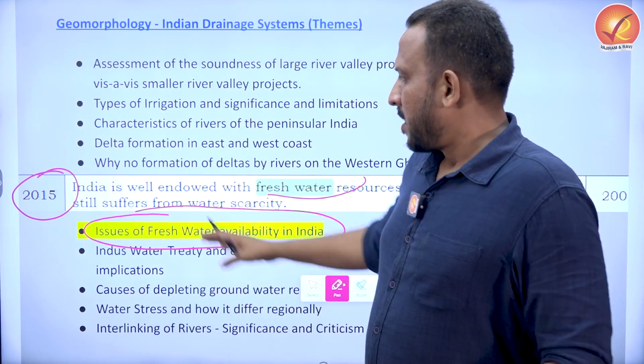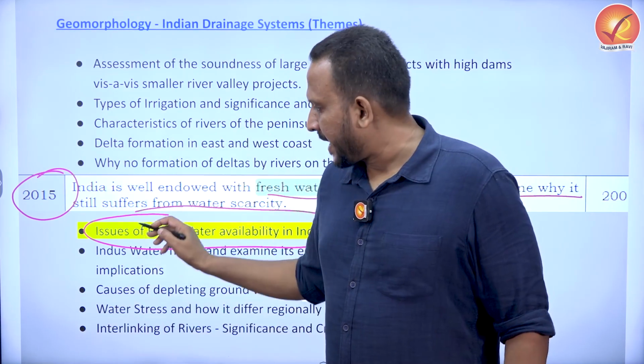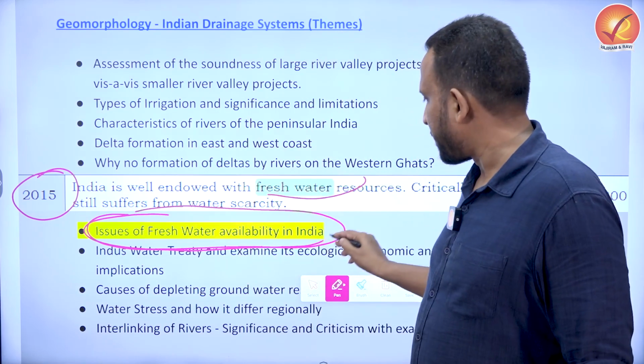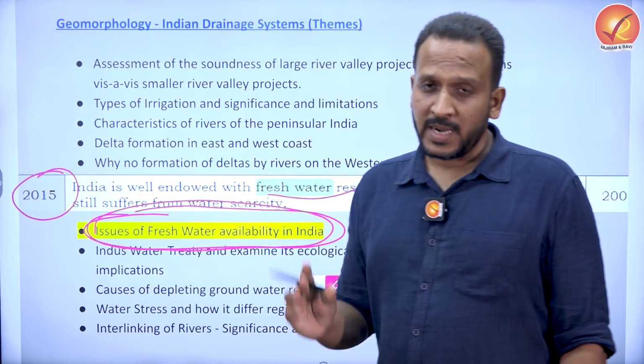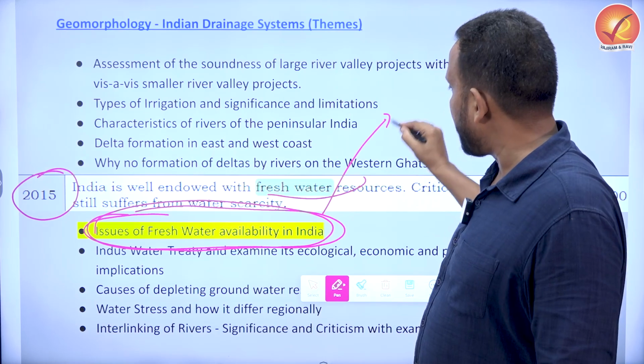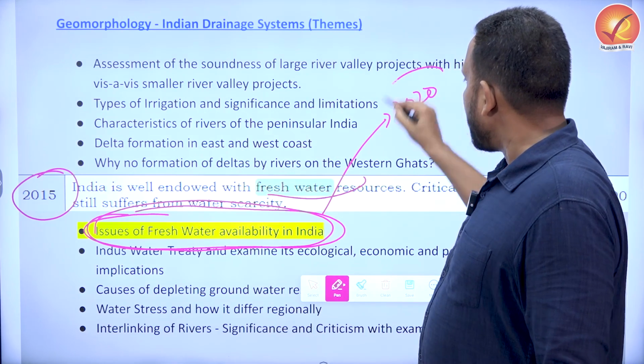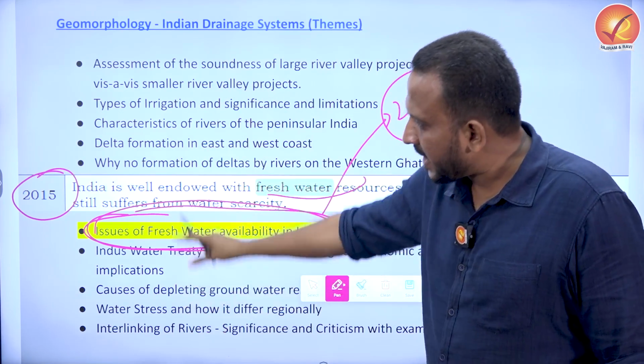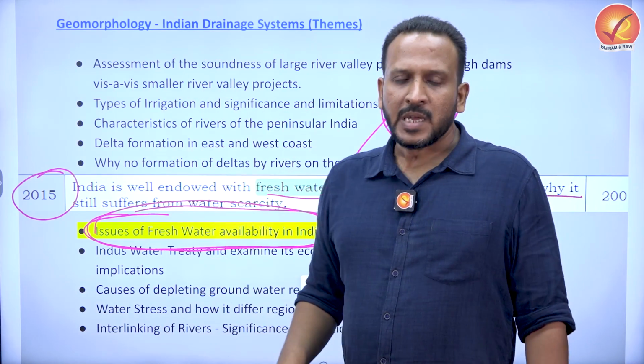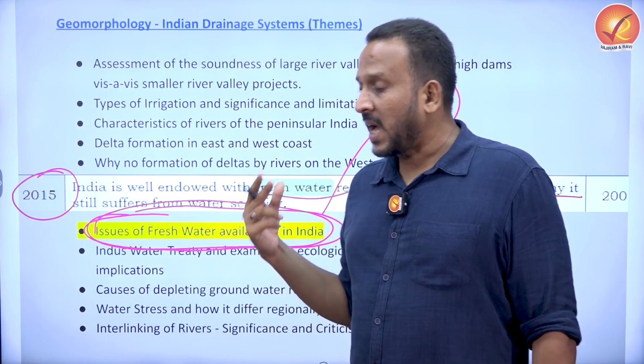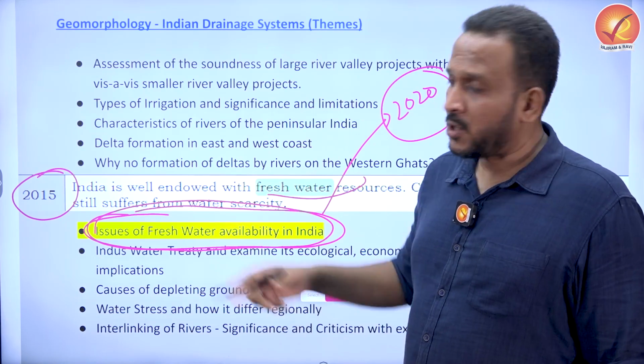Now, what I have done, again I have made the theme. And student, I'm telling you, all these themes I have prepared back in 2020. You will not find a single theme from the question after 2020. Not even a single theme.